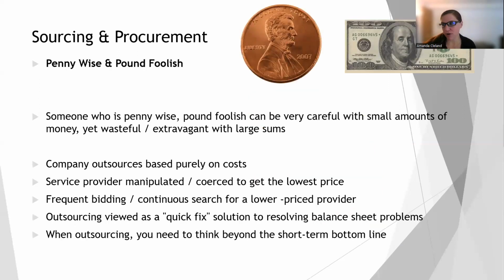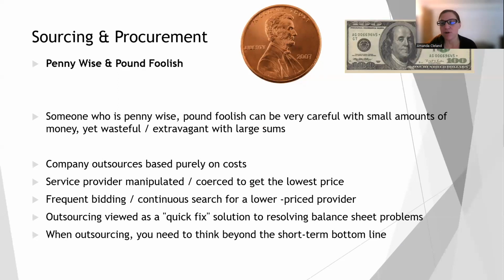So you've probably wondered where the name for the clown in It came from. The name of that clown is Pennywise. It actually comes from this saying, penny wise and pound foolish. Someone who is penny wise but pound foolish is very careful with really tiny amounts of money, like pennies, nickels, dimes, yet very wasteful with extravagant large sums of money.